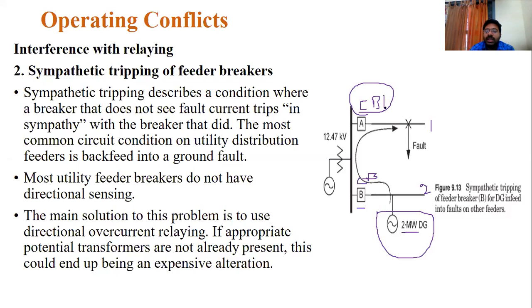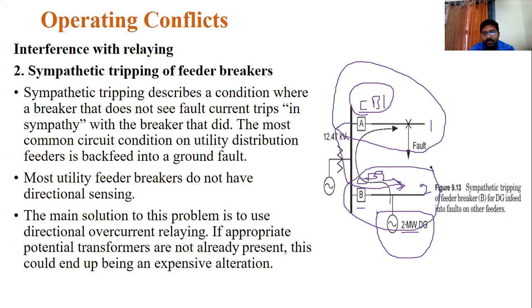Circuit breaker 1 has the ability to clear that fault, and the fault is cleared in this section only. But suppose it fails, then circuit breaker 2, which is in feeder 2, operates to clear the fault. So this is the sympathetic tripping of the feeders.